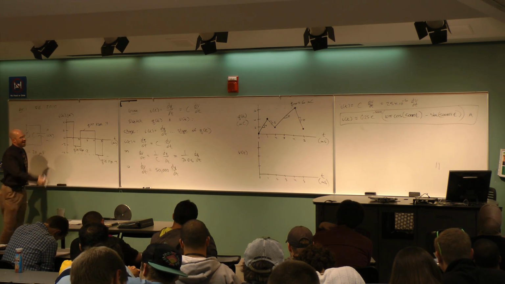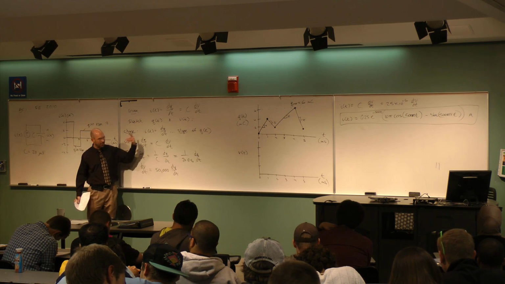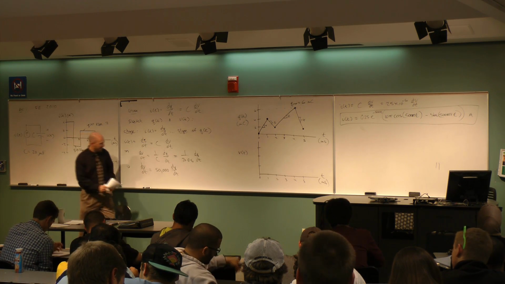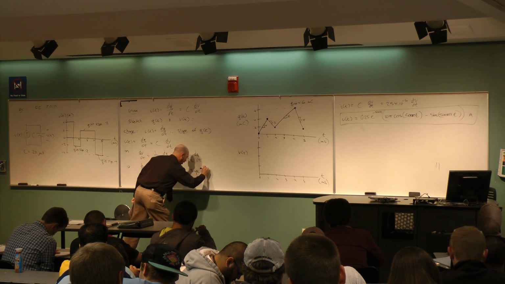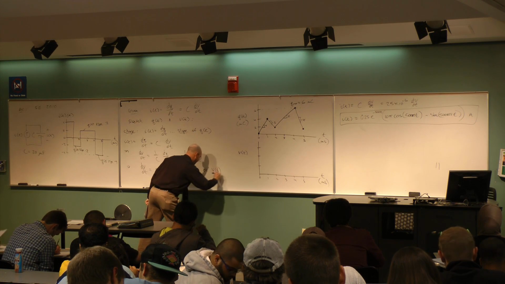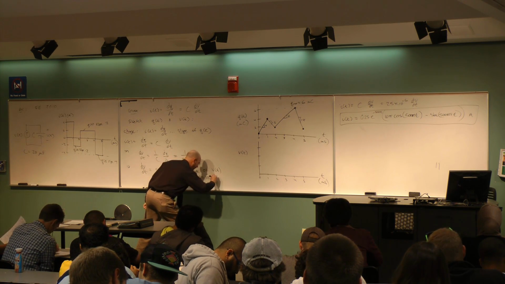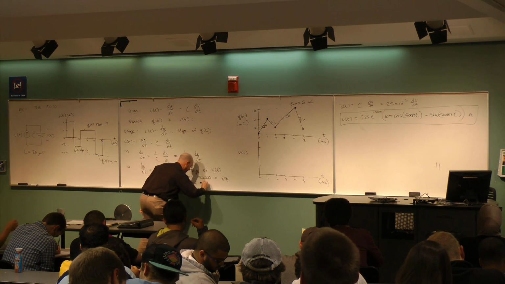So thinking about if I have a plot of q, and at every place on the plot of v, the slope of v is 50,000 times the slope of q of t, right?